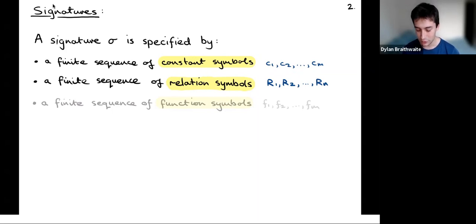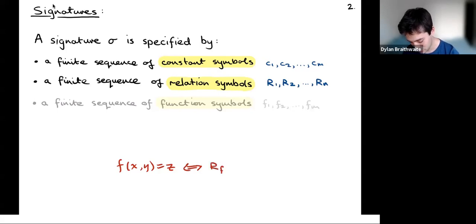You can just encode them in relations and have something like f of x, y equals z encoded as some relation that includes x, y, z.